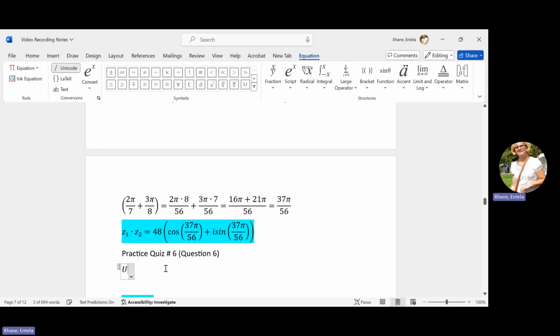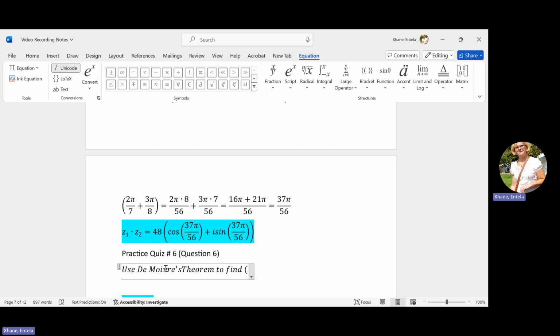I'm typing in, use De Moivre's theorem to find, and this is what I'm finding.